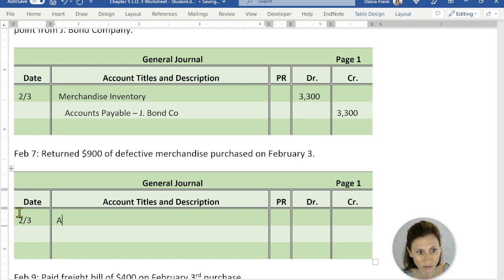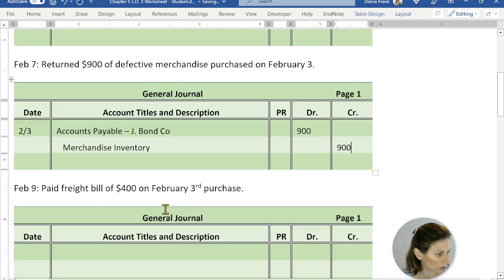So we're going to decrease our accounts payable to J Bond for 900, and we no longer have that merchandise because we sent it back. So we're going to decrease merchandise. Okay, not too bad so far.